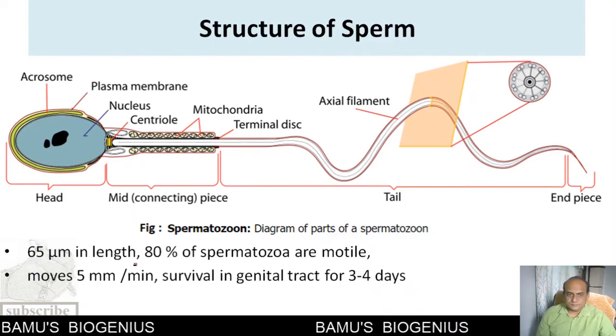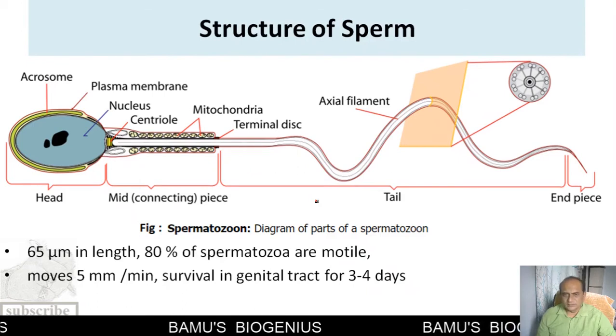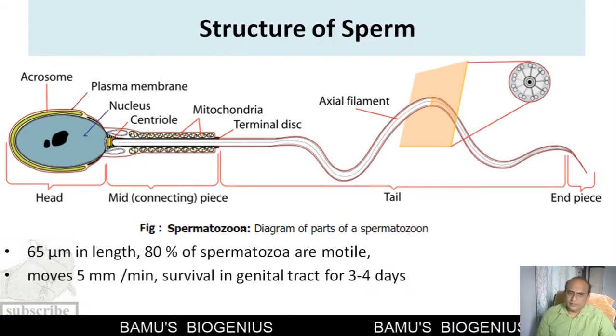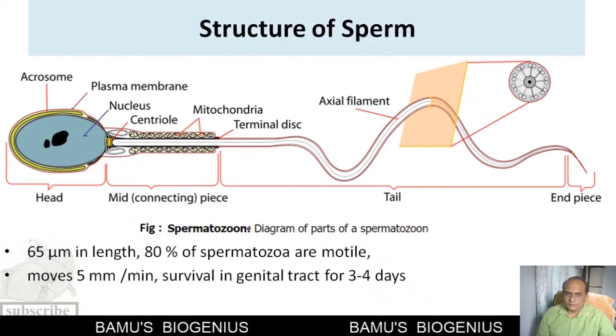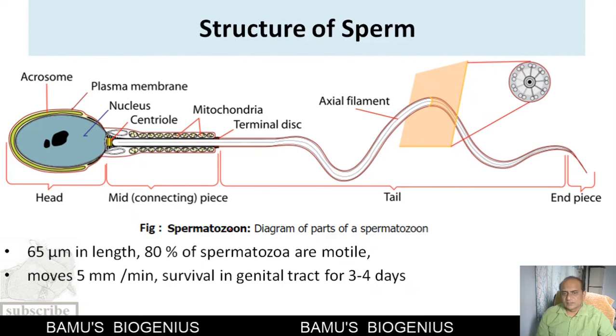Then, if we consider the percentage of motile sperms in an ejaculate, about 80% of the spermatozoa are motile. The movement is about 5 mm per minute inside the vaginal tract.